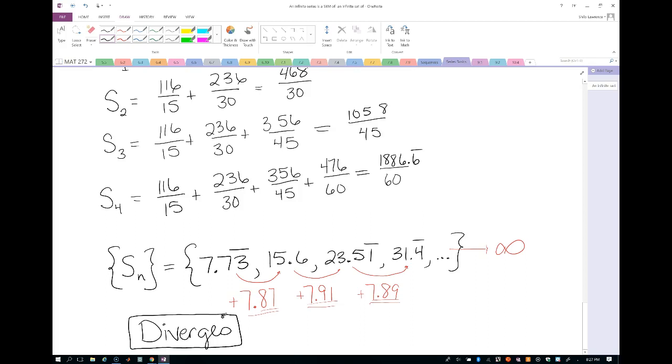So if nothing else, I want you to see this just to kind of solidify in your head that this method is really difficult. So there is a lot of benefit that we're going to see from learning the shortcuts in all of the sections after this. Every different type of series is going to have a shortcut that we can use to determine if that series is convergent or divergent.